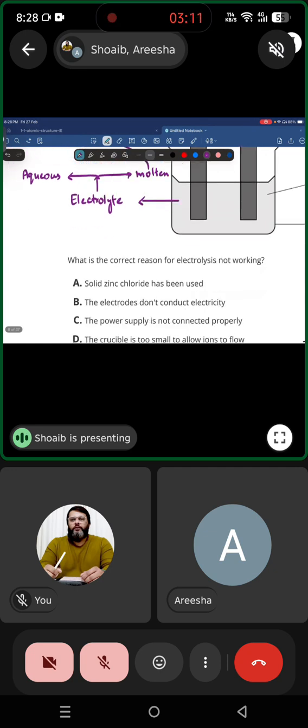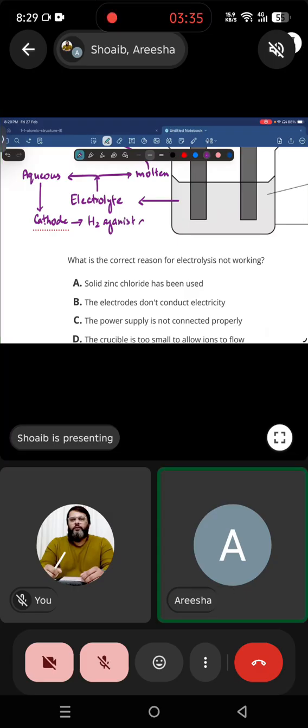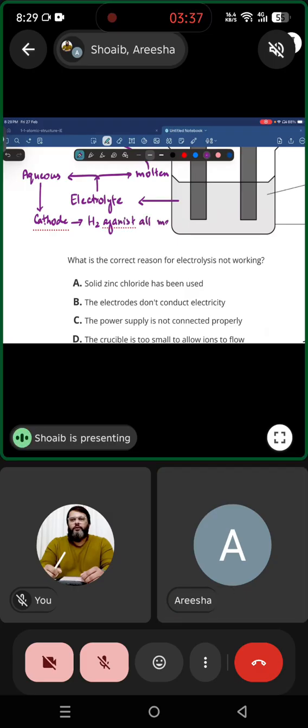In the aqueous electrolyte, the cathode will always give you hydrogen gas against all metals, except copper, silver, and gold.